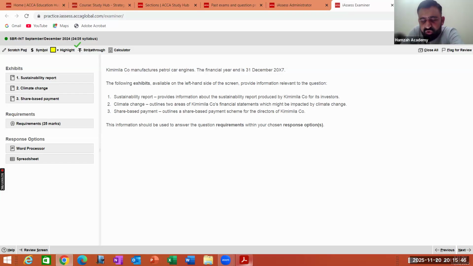Okay. So now let's assume, they have talked about the financial asset in the requirement. Now let's say the company has some investment in a company, and that company is operating in a part of the world which is under severe climate changes.